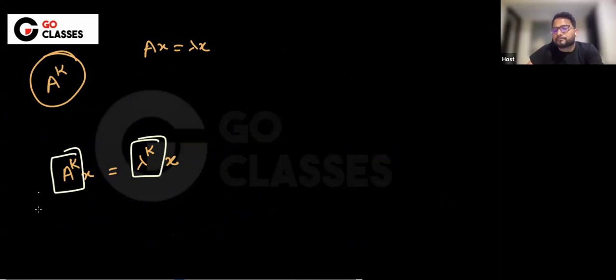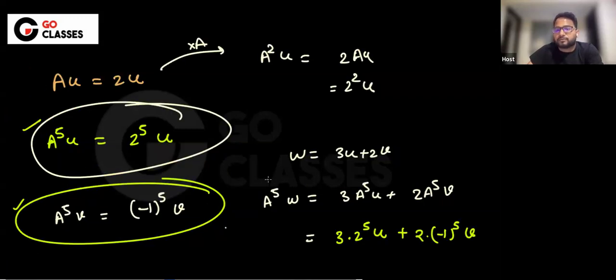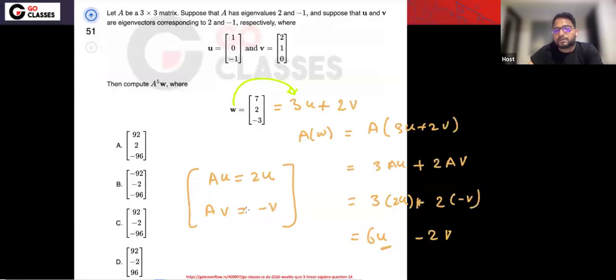If Ax equals lambda x, then A power k x equals lambda power k x, because lambda power k is the eigenvalue of A power k. So you can understand it like that also. Let me know if you have understood this. Basically, you just need to observe that W is a linear combination of these, and then proceed with this question.